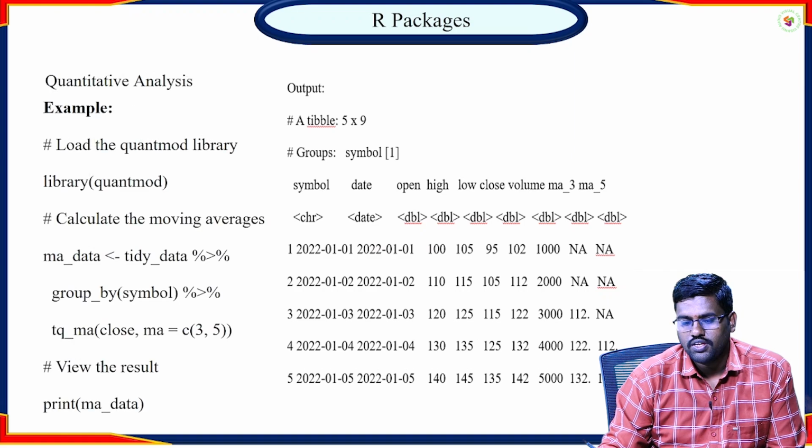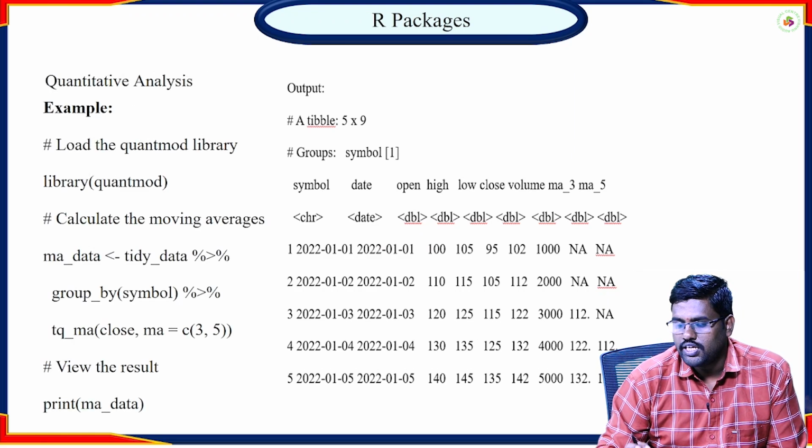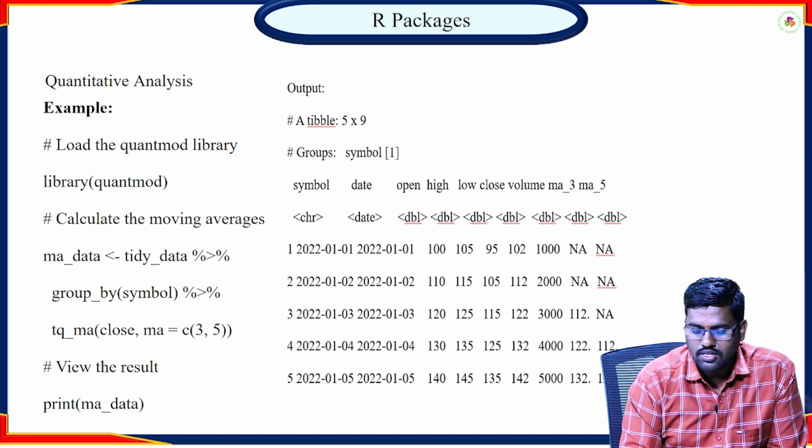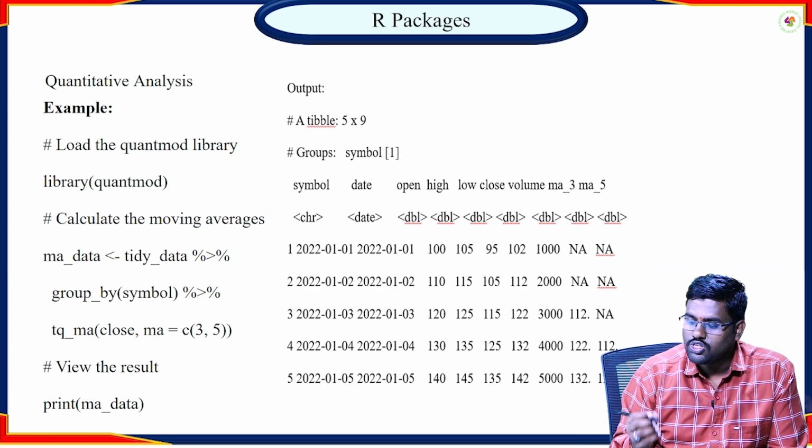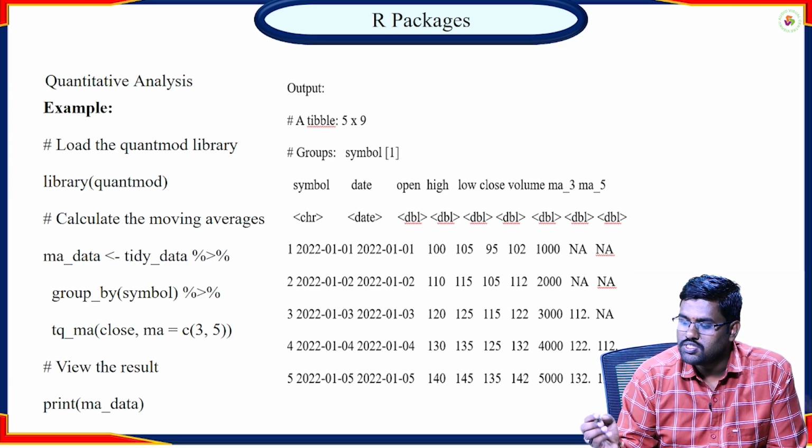The second one, quantitative analysis. So quantitative analysis means the same thing will be represented, but the main thing is tq_mutate. So that means the quantitative analysis of close, MA equal to c of 3 comma 5. c of 3 comma 5 means two columns will be added into this one, MA3 and MA5. So if the given structure has the particular values, that value will be printed.